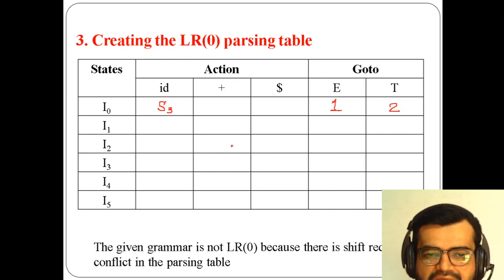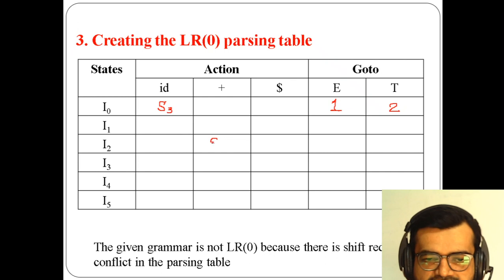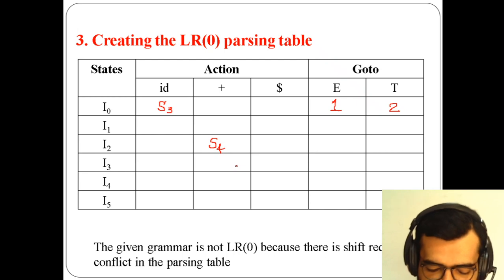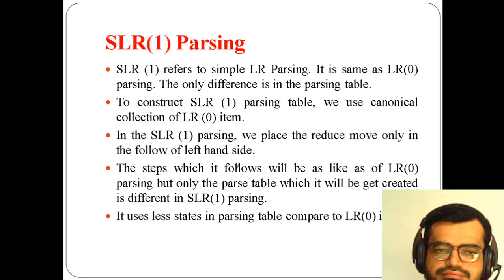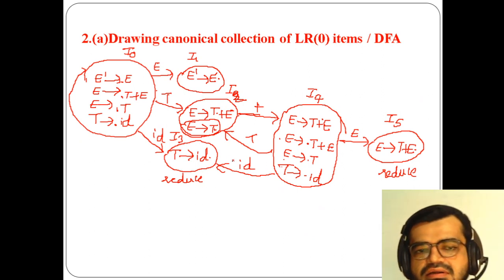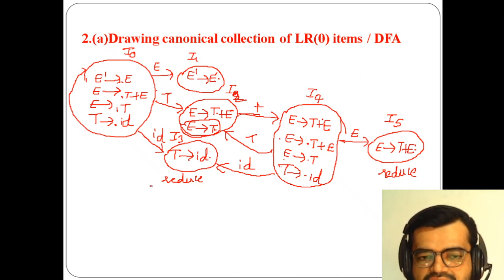So here I2 with plus goes to the fourth state, and I am writing S4 here. Now we have completed I2. Then what is left? I3. I3 is the final state, so it is not going anywhere. It is just receiving from all the states.